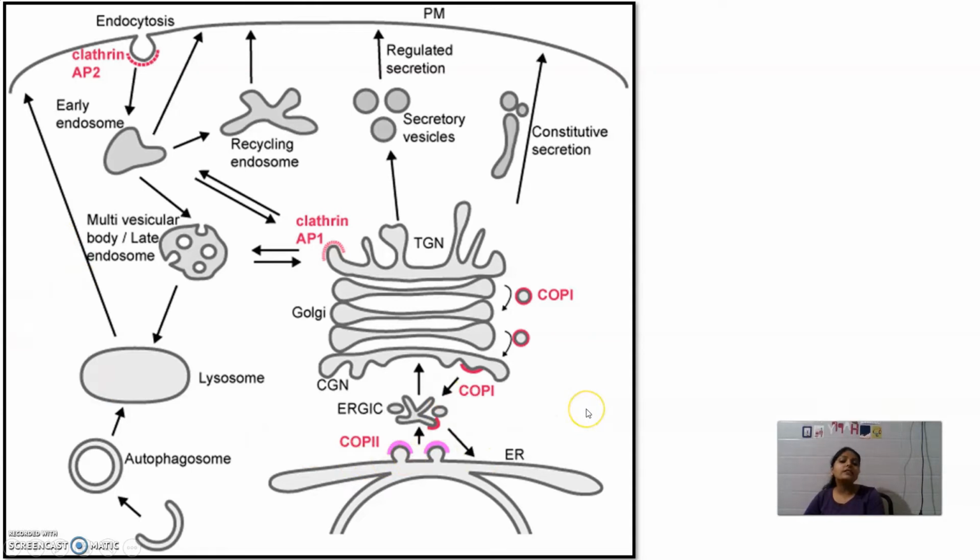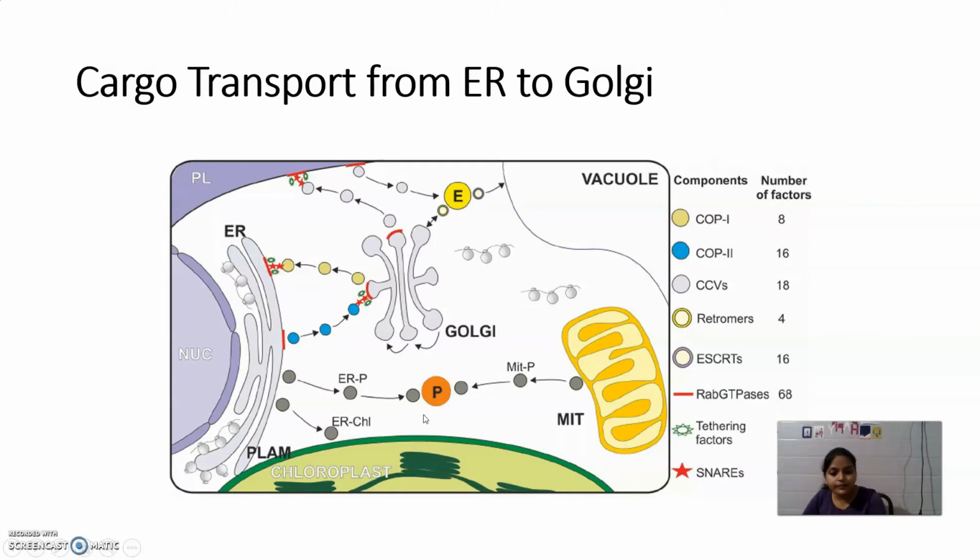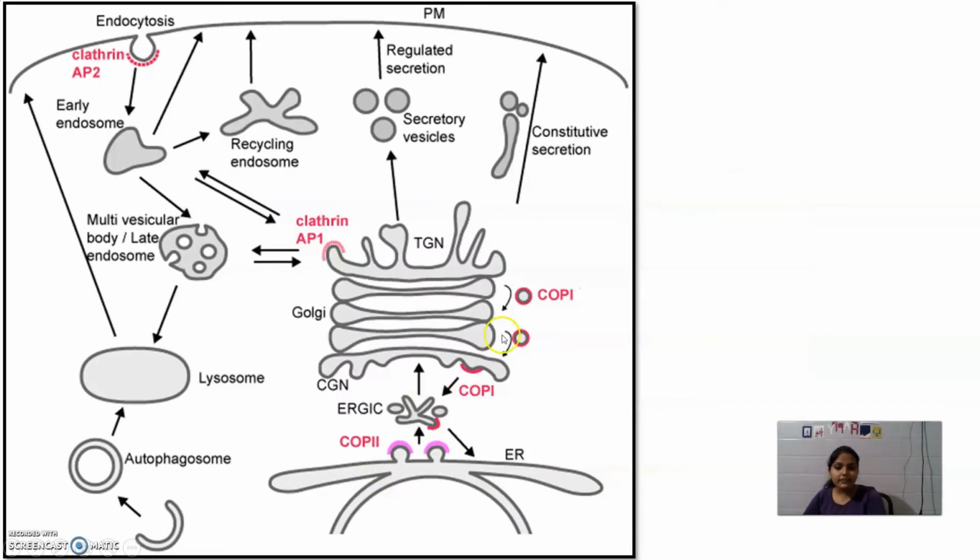Here the ER specific transport of the ER specific proteins is shown in this slide. You can see in this diagram, if the protein has this KDEL sequence, then it will undergo retrograde transport.